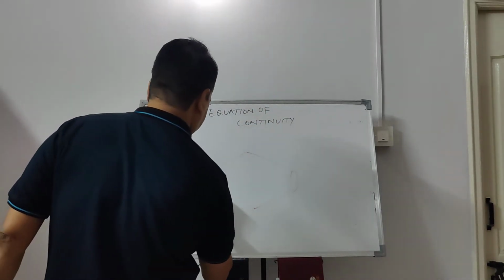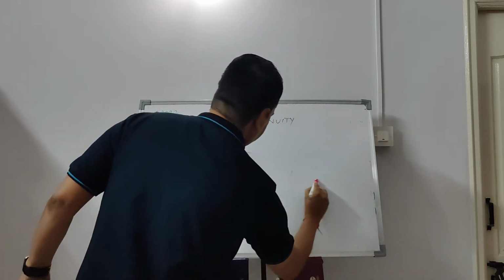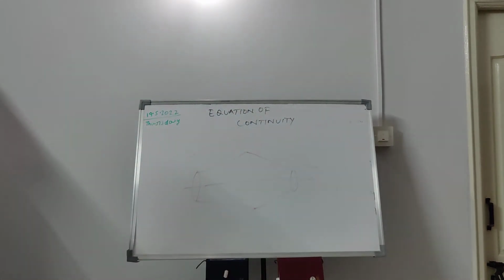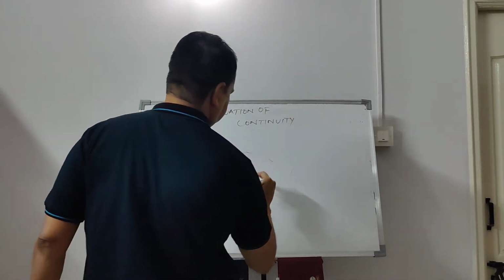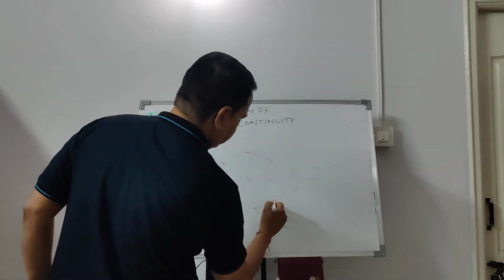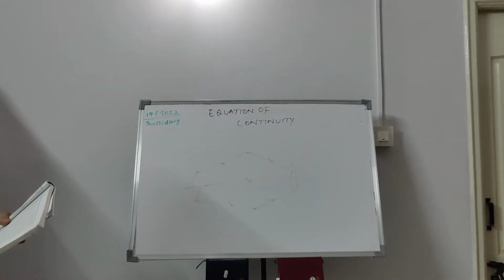So there is a flow, and there are different flow lines. This is a line, this is a line, and this is a line.